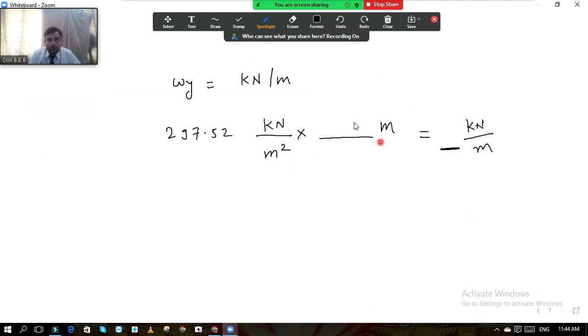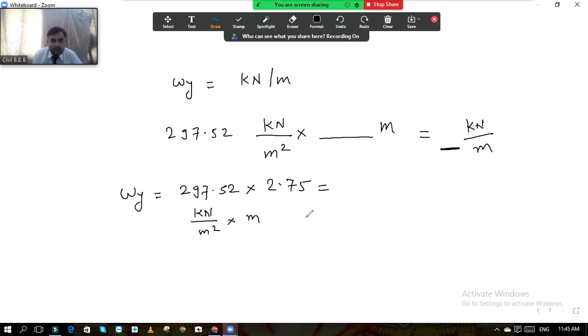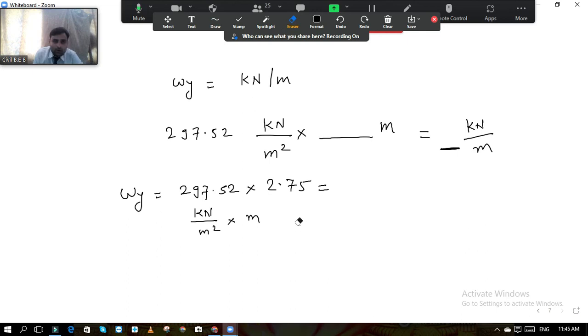Okay, so while calculating the UDL, WY is equal to 297.52 into 2.75. You will get the load, because this unit is kilonewton per meter square, multiplied by meter, so your final answer will be in kilonewton per meter. Let me know the answer.